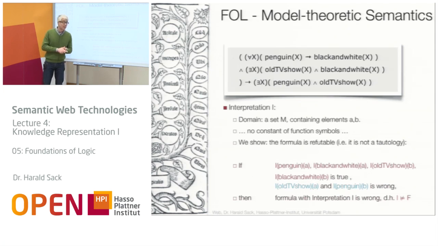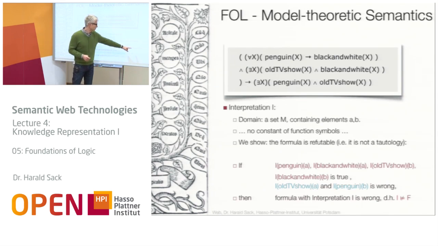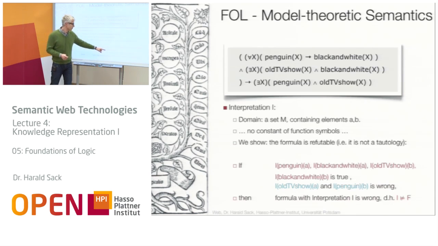So, for example, we start here and we take an element of our set, A. And say, first we interpret penguin, where we take A as one of the placeholders for this variable X. And we say, we take black and white, also interpretation with the symbol A, and we take all TV shows B, and black and white B. This should be true. So penguin A should be a penguin, A should be black and white, B should be a TV show, and B should also be black and white. So this is true.